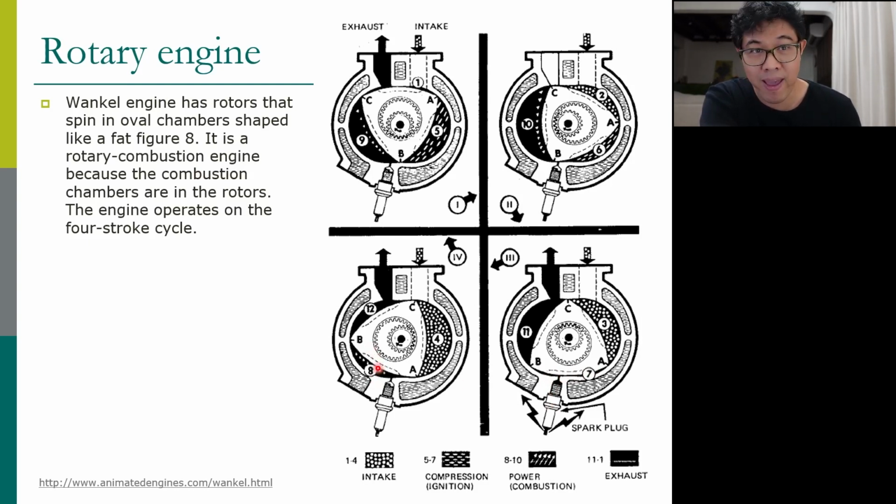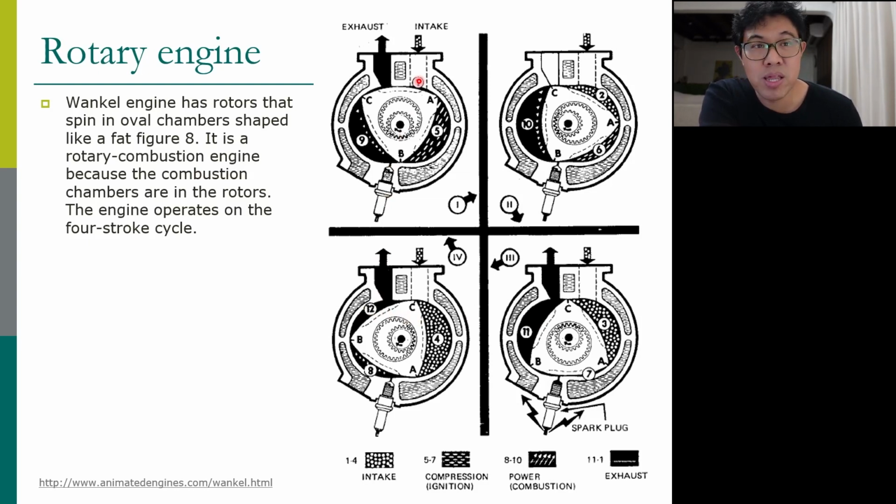Now 8 is larger, expands more to 9, expands more to 10. Here is the power stroke. You push the rotor, and when it passes the exhaust port, it starts the exhaust steps. Exhaust 11, small 12, and it goes to 1. That completes the cycle of the rotary engine.